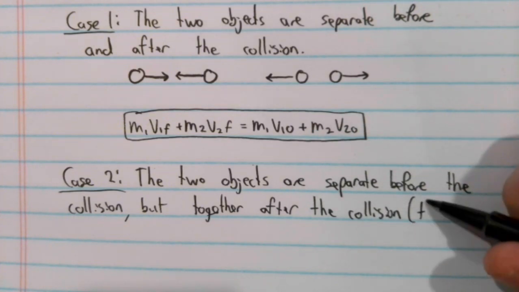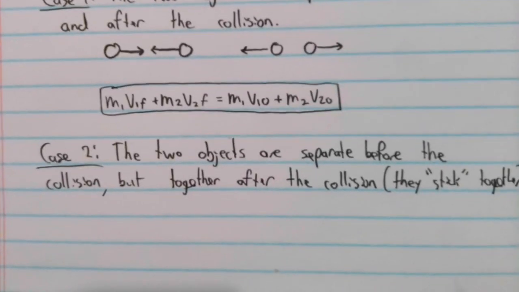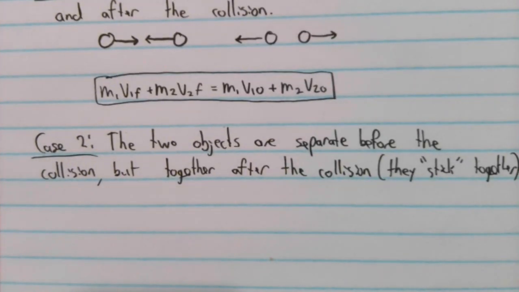In other words, they stick together. You could also say that they are adjoined, A-D-J-O-I-N-E-D. Two objects are separate before they collide, but they are together after they collide.